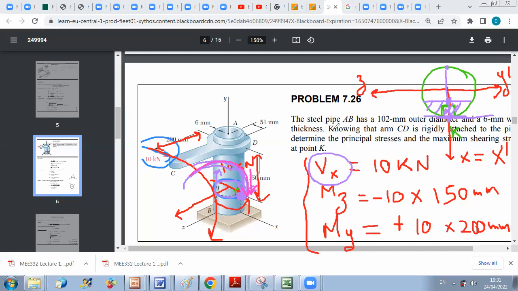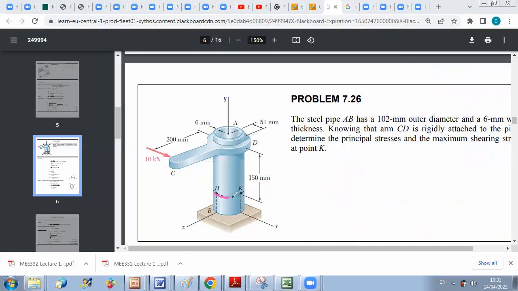Now I move to the effect of torsion. For torsion, I also have creation of shear stresses, because if I go back to the figure, this is my figure.